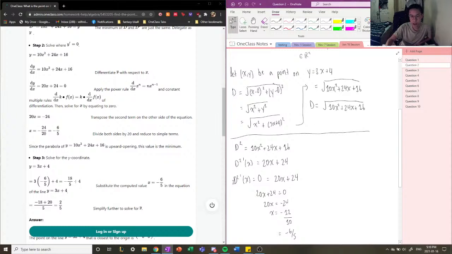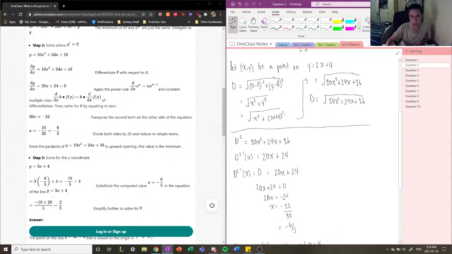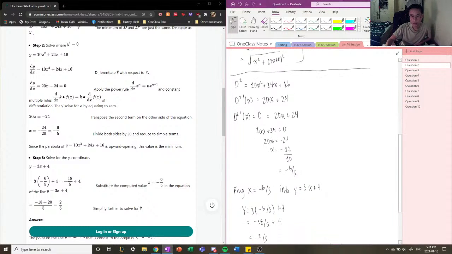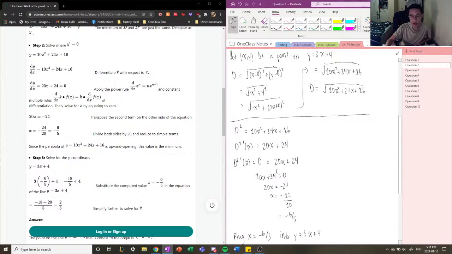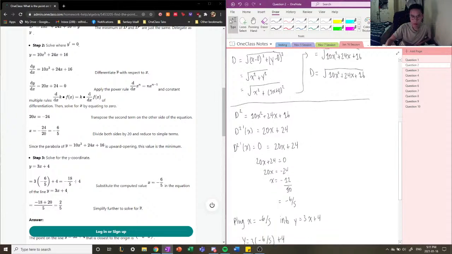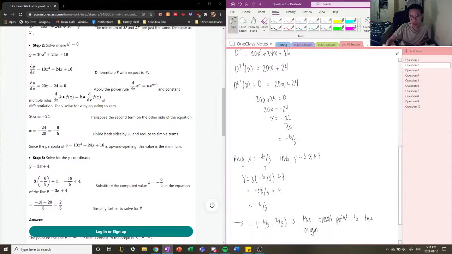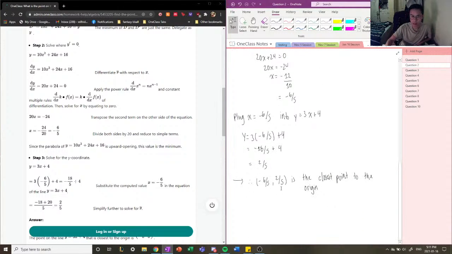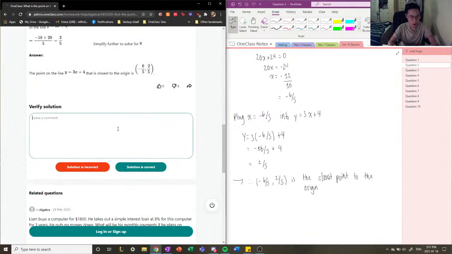When the derivative is equal to 0, the x and y coordinate relates to where the distance is minimum in our original function. That's the rationale behind setting the derivative equal to 0. Once I found the x coordinate, I plugged it back into our line equation and found the y coordinate. By doing so, we have identified the closest point to the origin. So the solution is correct.